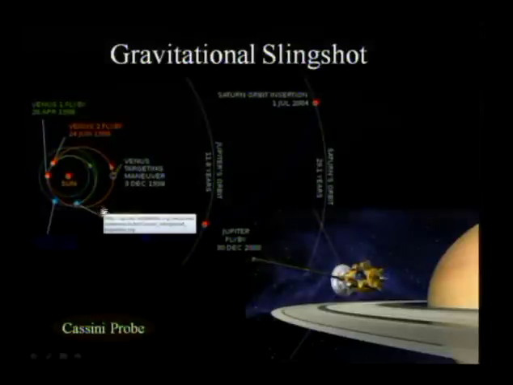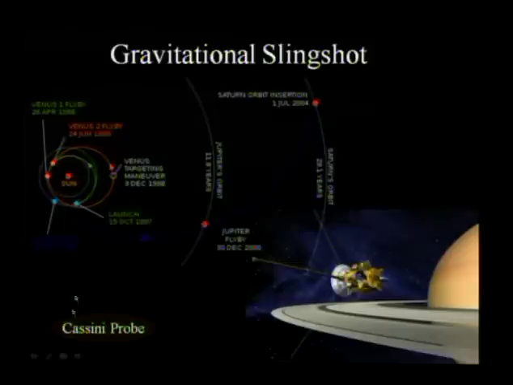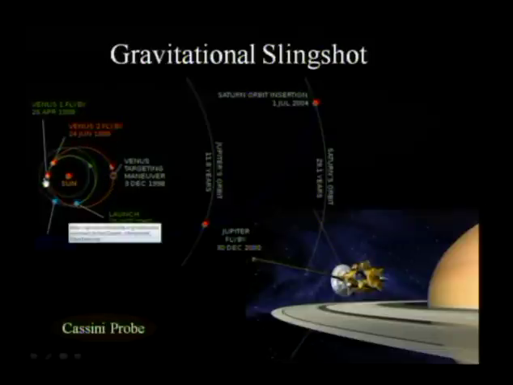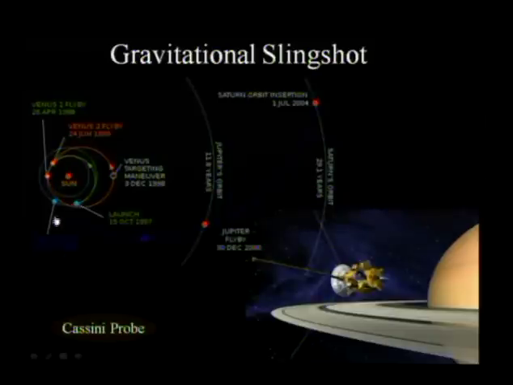Then it briefly interacted with Venus, traveled further, and bounced off the Earth, interacting with Earth at this point over here. It interacted again with Venus, then over here interacted with Jupiter, bounced off Jupiter, and reached Saturn.